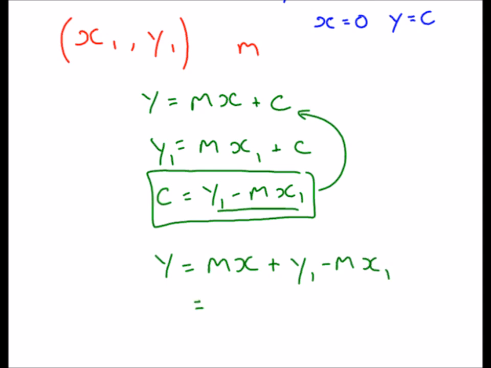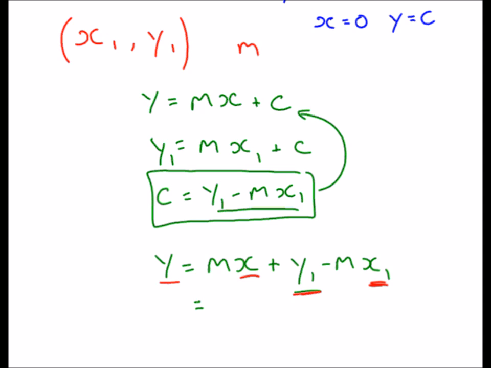Well, I've got my y1 over here, but I'd quite like all my y's on one side. Now this is getting a little bit complicated. You need to remember that the y1 and the x1 are the coordinates I know. The y and the x, which are on their own, are general points on the line.